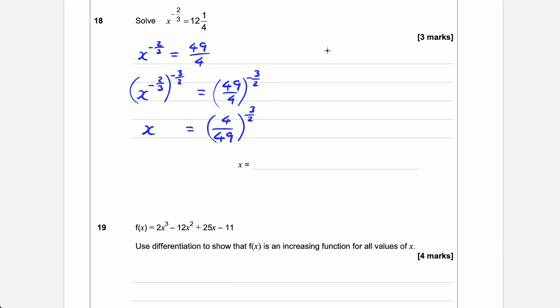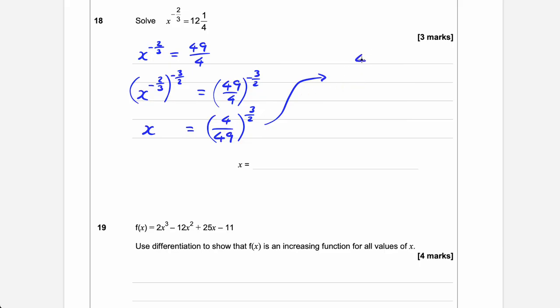If you recall, guys, fractional power 3 over 2 is the square root cubed. So that is equal to the square root of 4, which is 2, and so it's 2 cubed over the square root of 49. Let me just clarify what I'm doing here.